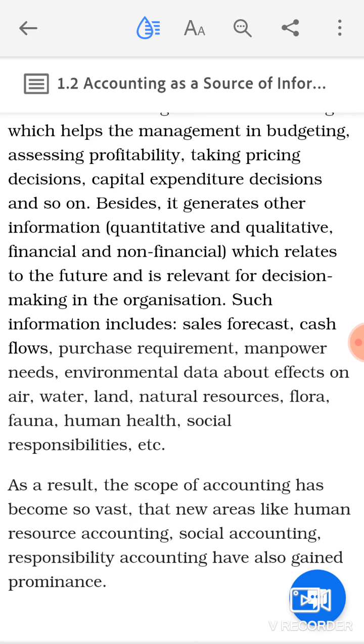Then responsibility accounting, under responsibility accounting, the responsibility centers will be established and these responsibility centers will be held responsible for their particular working. So these are the different accounting disciplines that have emerged in the new area of the business. So this is all in the topic.